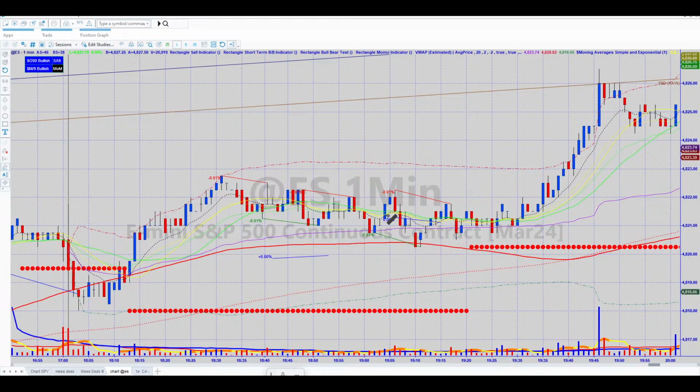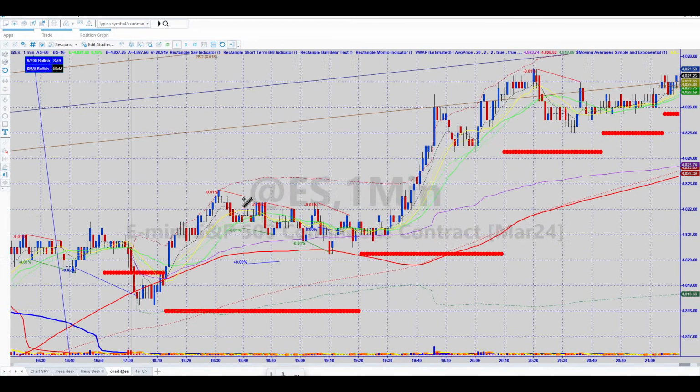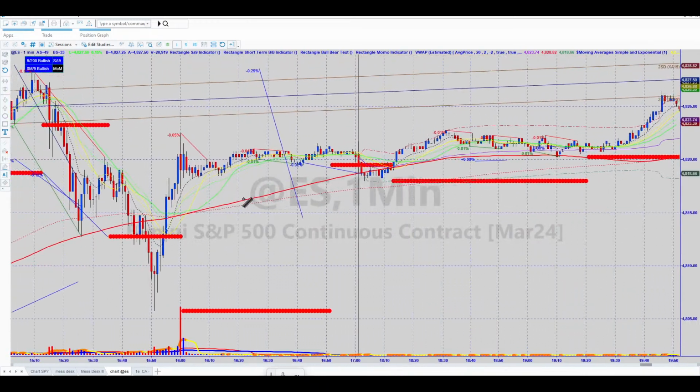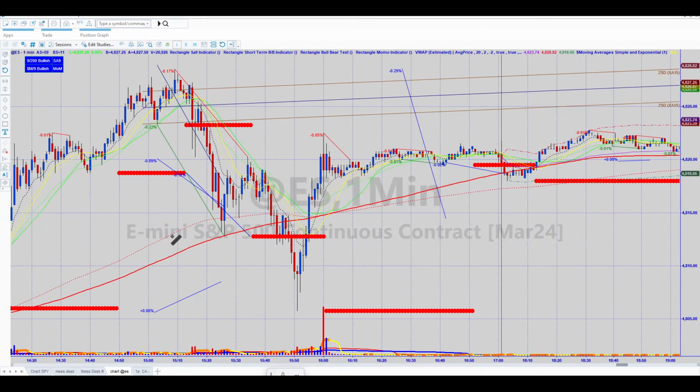Essentially what I'm looking for is, if you look at this regression line here, from this low to this low, from there to there, it makes that regression line that shoots right through there.